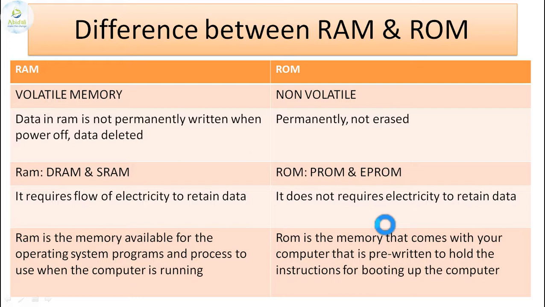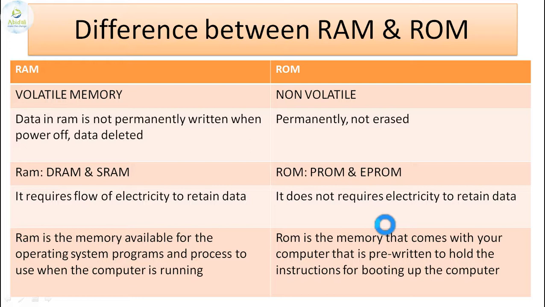The RAMs are of 2 types, DRAM and SRAM. The ROMs are of different types, PROM, EPROM, EEPROM, etc. The RAM requires a flow of electricity to retain the information or the data, so electricity should flow continuously. But in ROM, electricity is not required continuously to retain the information.